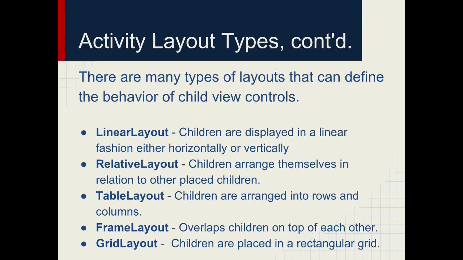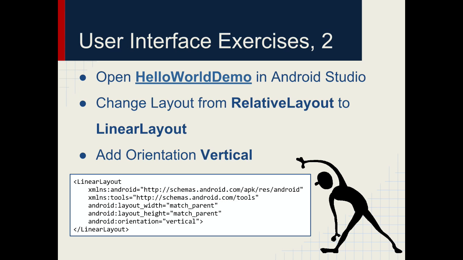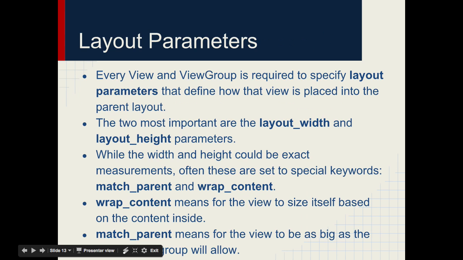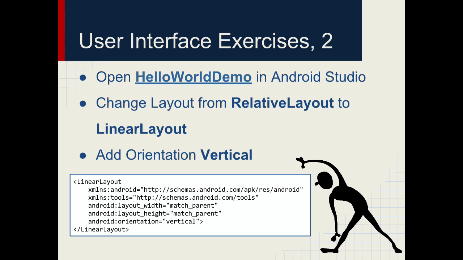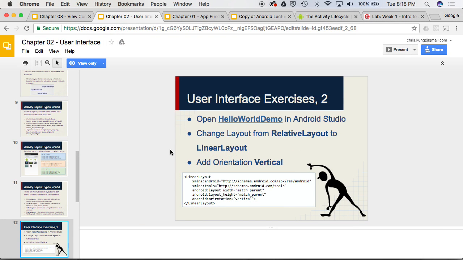So you can definitely go in and read more about each one of those. Cool, so let's go ahead and dive into a demo for playing around with linear layout.